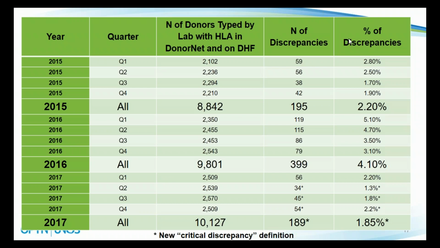So it could have been an allele level error versus an antigen, meaning somebody reported O2 and the next lab reported O201, and that counted as a discrepancy. So when we went back in 2017, we changed that to what we considered to be critical discrepancies, which were the ones that had the potential to affect match run allocation or matching. So you could see it brought the rate down, but not low enough.